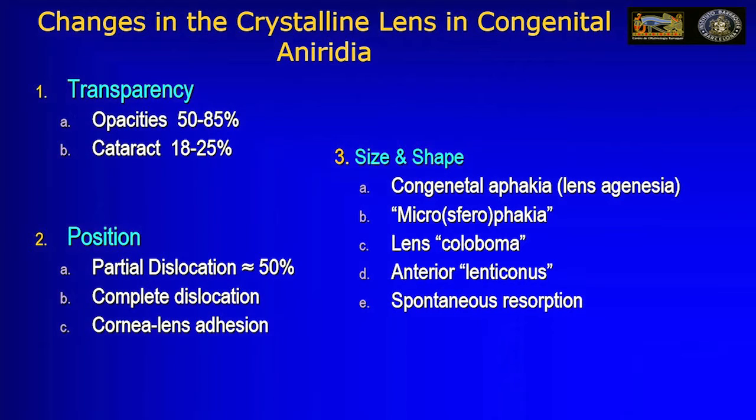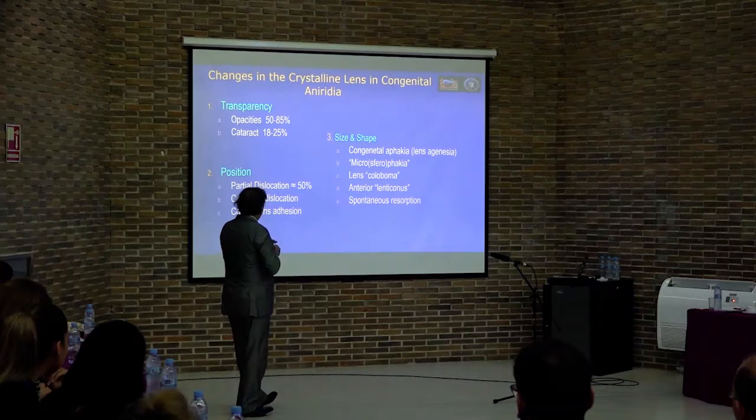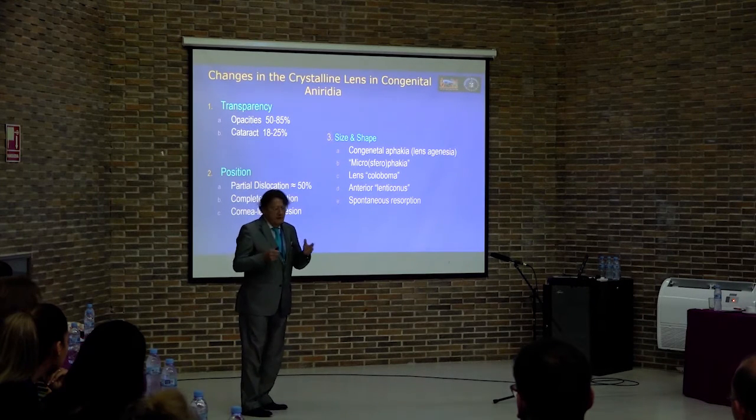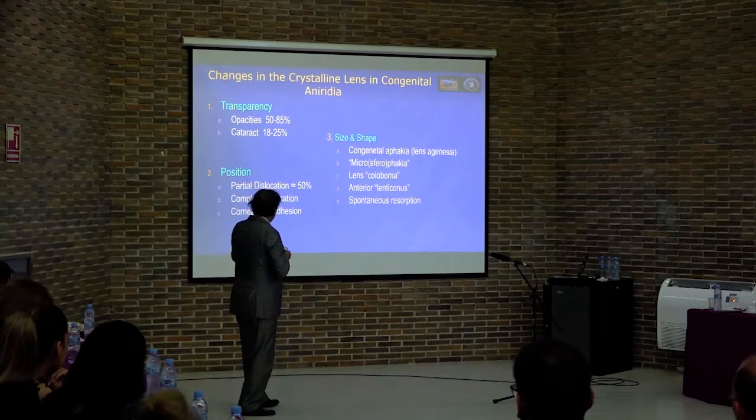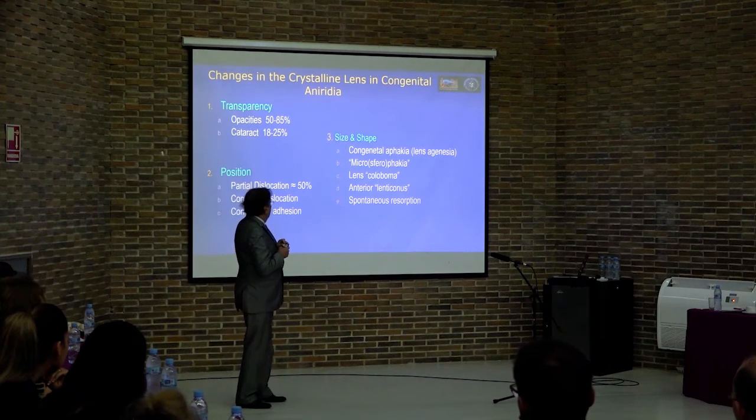But the actual cataract is very difficult to define, so there's wide variation in what is a significant cataract. Then we have problems in position, with at least 50% of patients having some degree of dislocation of the lens. Complete dislocation is not frequent, but possible. And there are sometimes cases with corneal lens adhesion that we will show also.